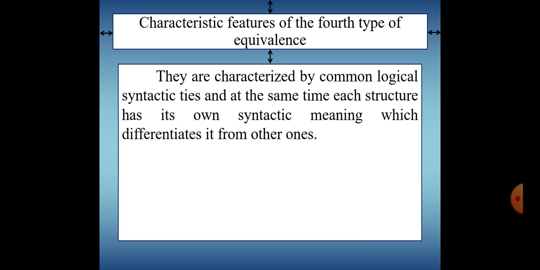Structures of the fourth type of equivalence are characterized by common logical syntactic ties, and at the same time each structure has its own syntactic meaning, which differentiates it from other ones.